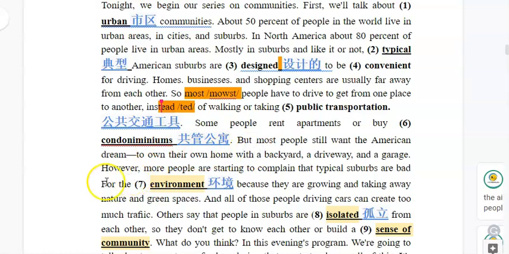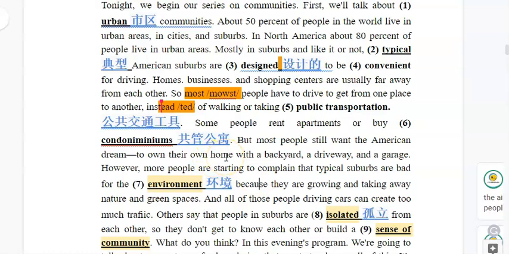Next, let's move on to this part. However, more people are starting to complain that typical suburbs are bad for the environment because they're growing and taking away nature and green spaces.